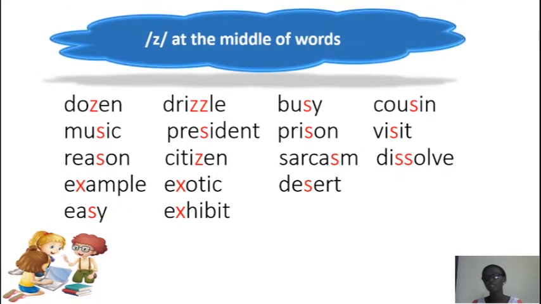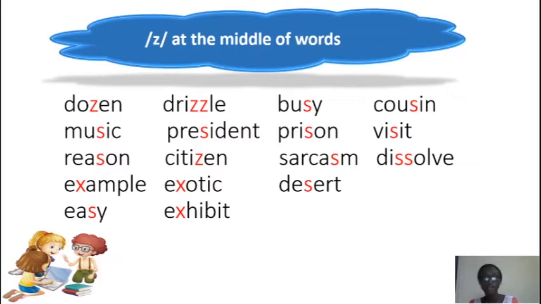Now let's check out Z in the middle of words. That's the medial position. We have words like dozen. See one Z there. Drizzle, that's two Z's giving us the sound Z. We have busy. That's a new one. The letter S is giving us the Z sound in this case. So you won't say bussy, you say busy.